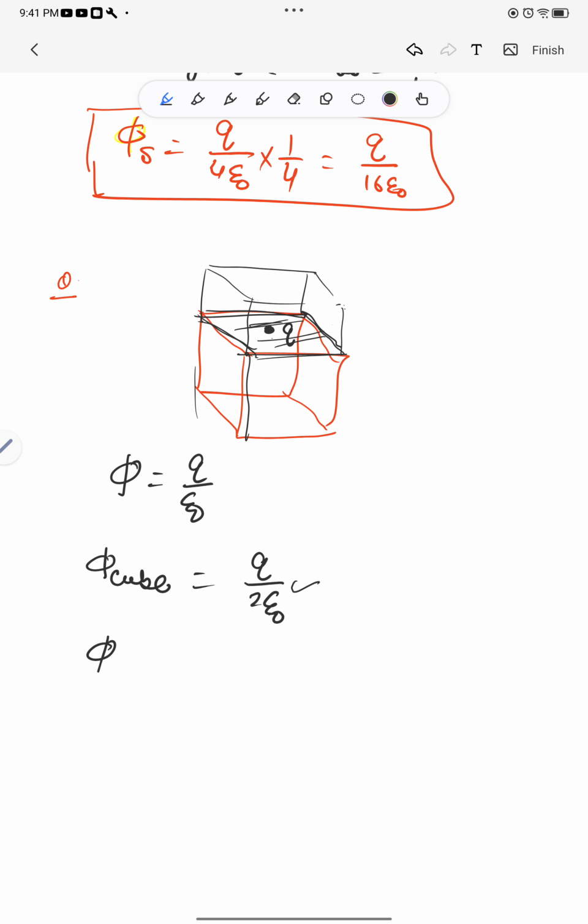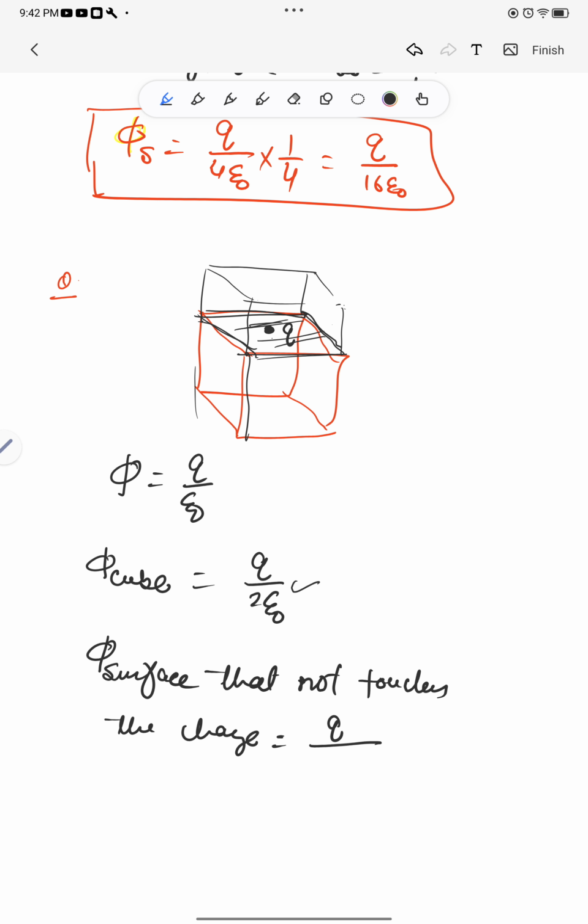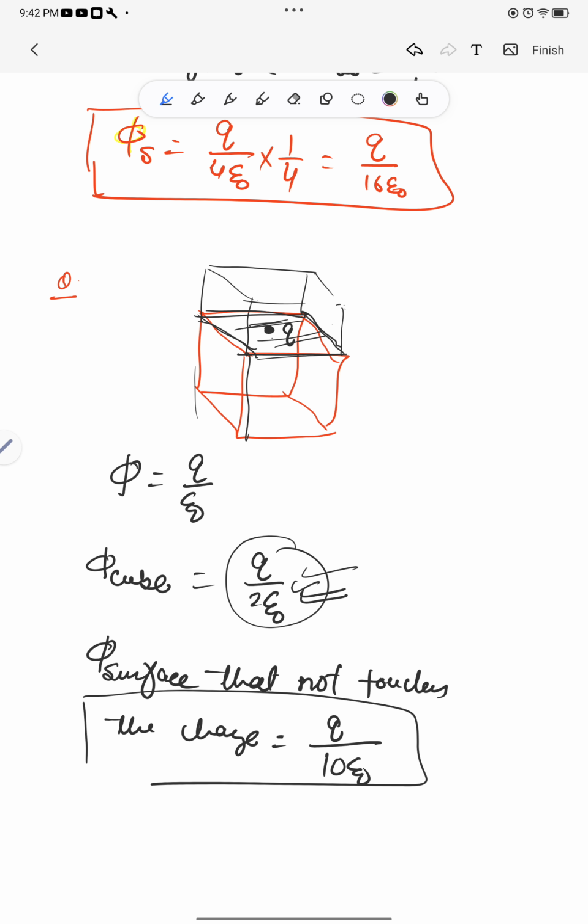So the flux through one surface that does not touch the charge will be Q by 2 epsilon naught divided by 5 surfaces, so we get Q by 10 epsilon naught. This is the answer basically.